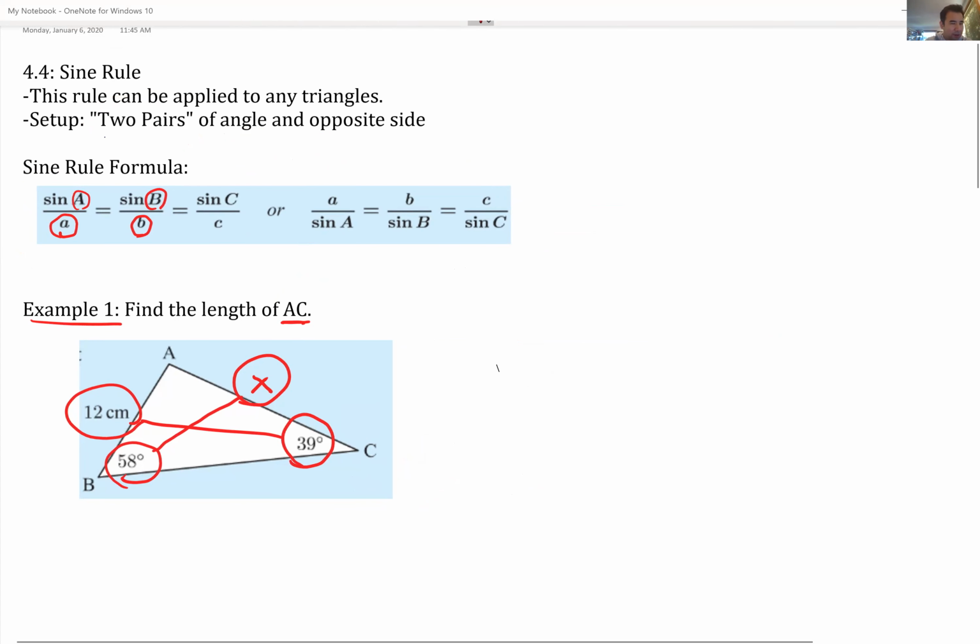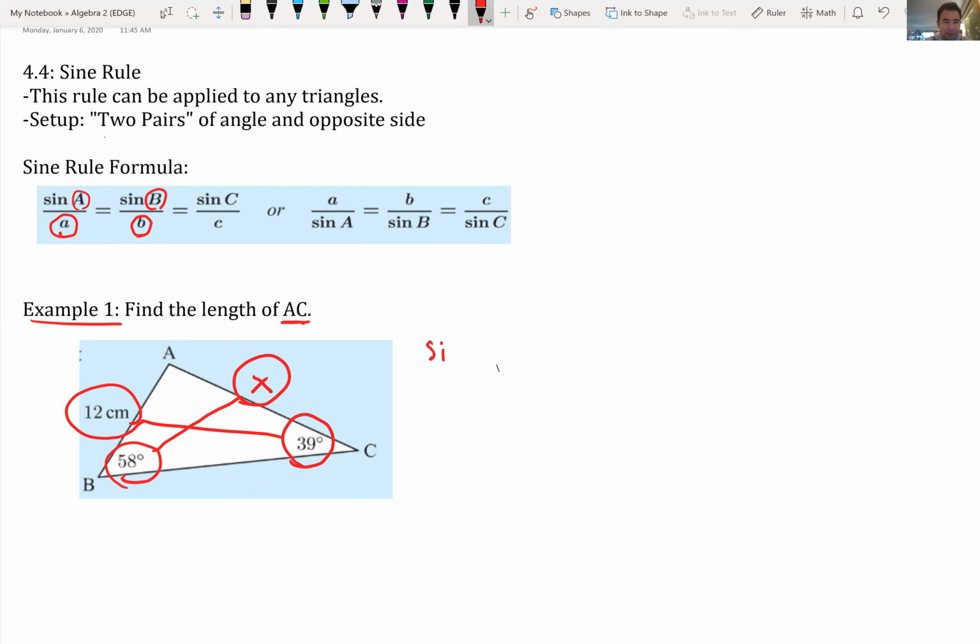It doesn't matter which pair you start with, but I'm going to do sine of 58 degrees over X. That's the 1 pair. That ratio, the sine of 58 to the opposite side, is going to be equal to sine of 39 over 12. And that is the setup.